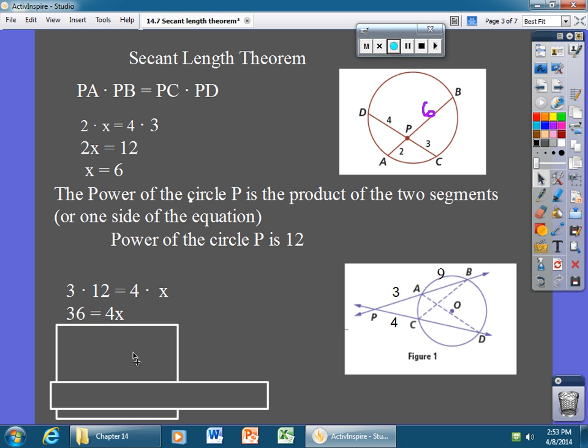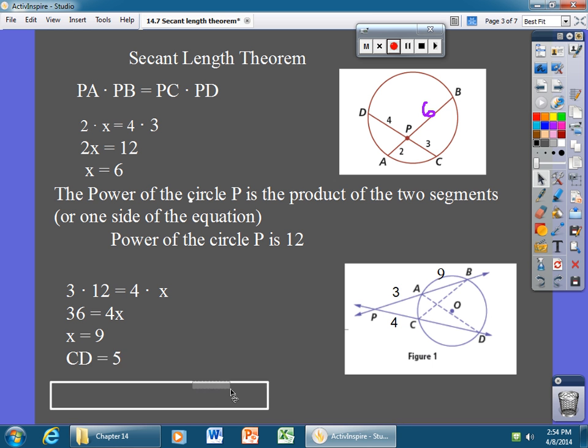I substitute into the secant length theorem: 3 times 12 equals 4 times something. I solve that, and the length of PD is 9. So that makes CD 5, because PD is 9, and 9 minus 4 leaves 5 for CD.